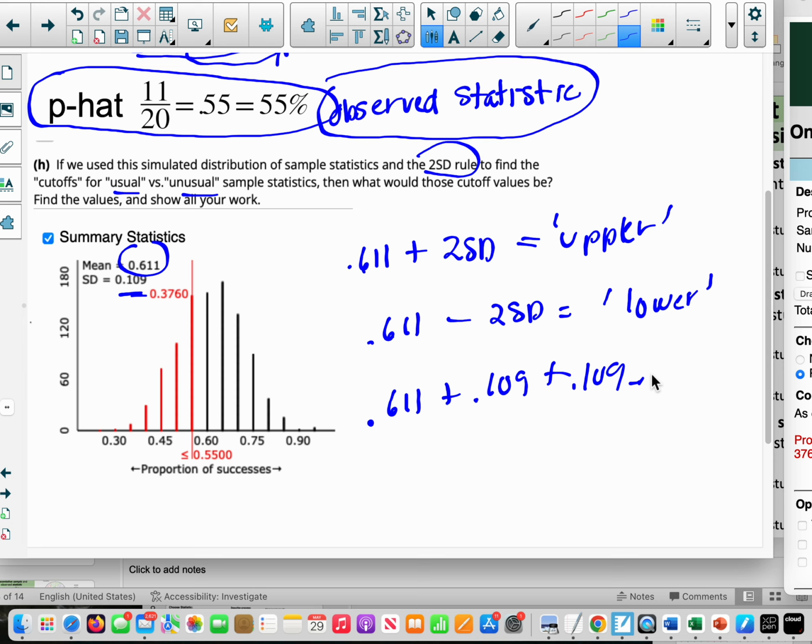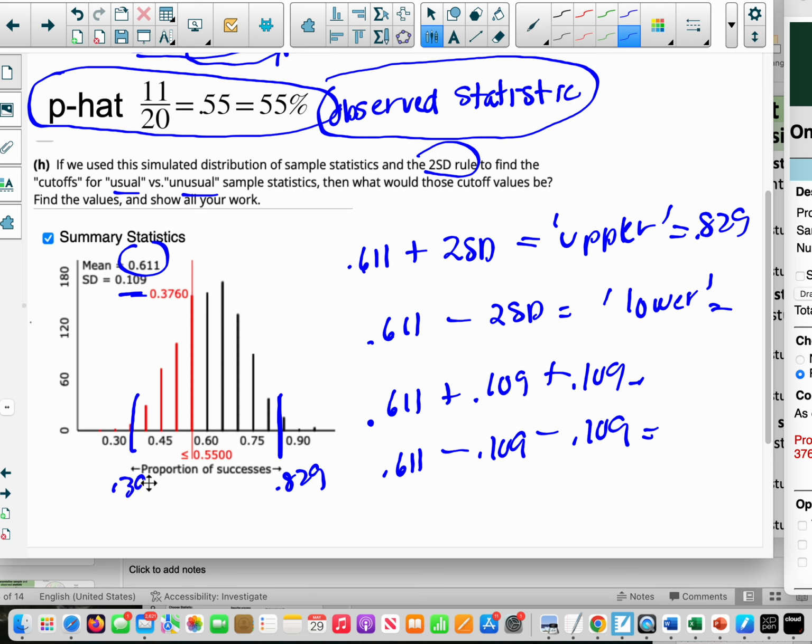0.611 plus 0.109 plus 0.109 gives me 0.829. And then my lower cutoff would be 0.611 minus 0.109 minus 0.109. That's two standard deviations. And that gives me 0.393.